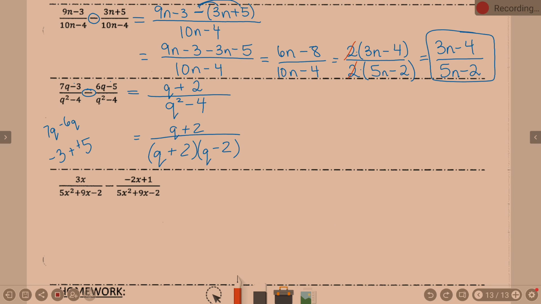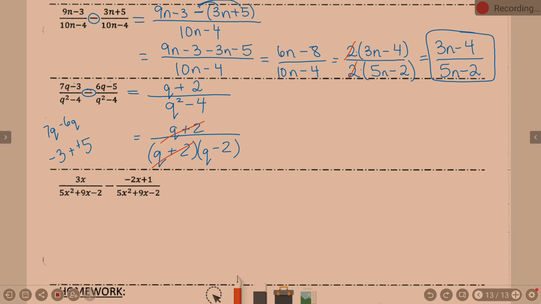That was just great. So what happens here? You get rid of q plus 2. A factor of q plus 2 in the denominator cancels with a factor of q plus 2 in the numerator. If everything cancels in the numerator, what officially remains? A 1.